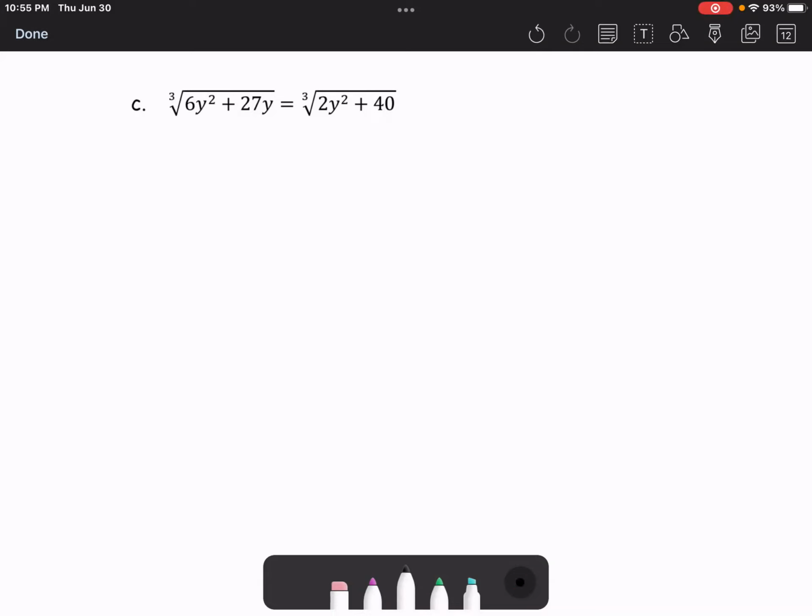We are going to raise both sides to the 3rd power, because the cube root of the quantity is the same as raising to the power 1 over 3. To undo the 1 over 3, we multiply by 3. That means we're going to raise all to the power 3.